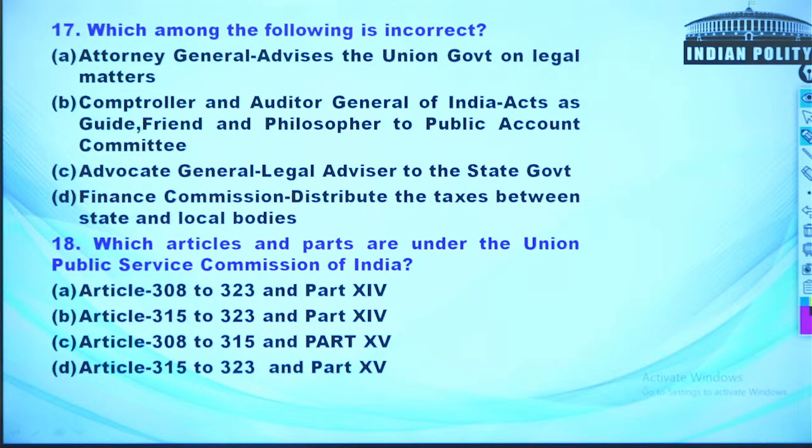Next is which articles parts are under the Union Public Service Commission of India. Actually, Union and State Services are mentioned in part 14, and part 14 starts from 308 to 323. But UPSC starts from 315 to 323. So we should take option B in place of option A. So that is XIV.